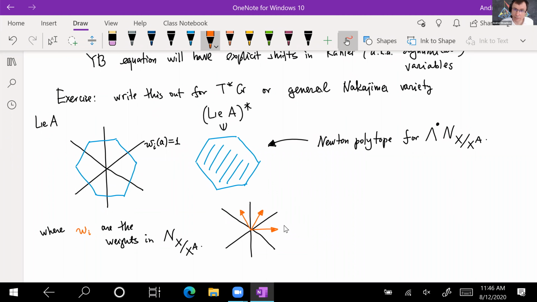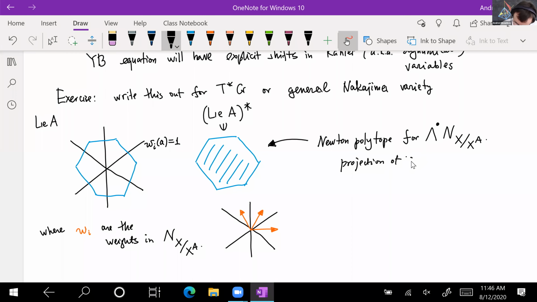So these are three perpendicular weights, and if I take the exterior algebra, the projection is going to be, you have to project a cube. So this would be the Newton polytope of the exterior algebra. The weights that appear in the exterior algebra are some kind of cube of some dimension, because when you take an exterior algebra of a vector space, every weight you either include or don't include.